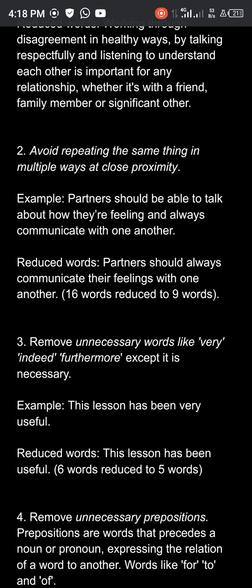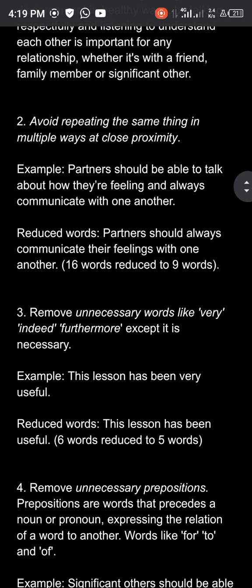You see repetition of words or of a meaning of a thing in different ways. That too consumes a lot of words.